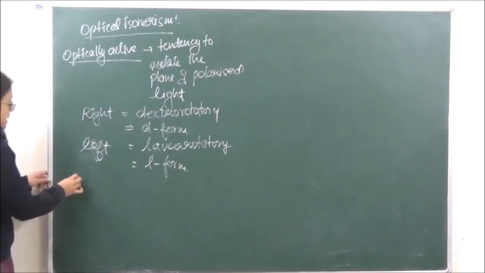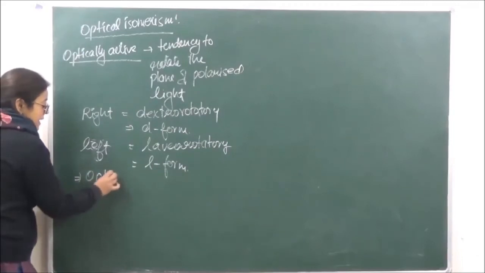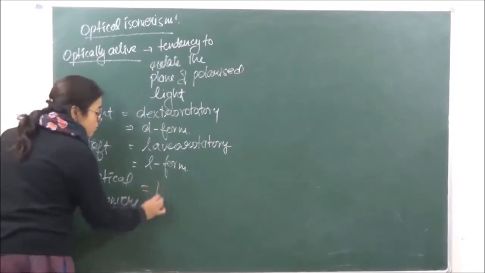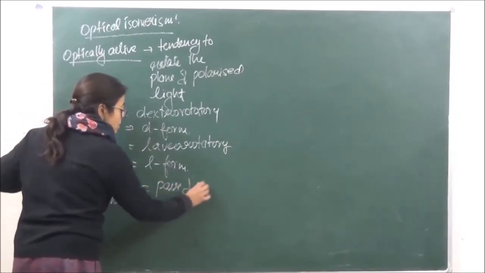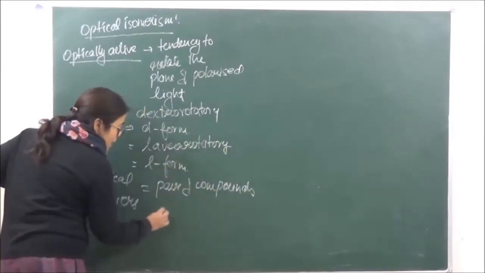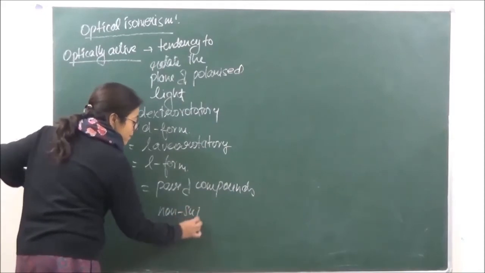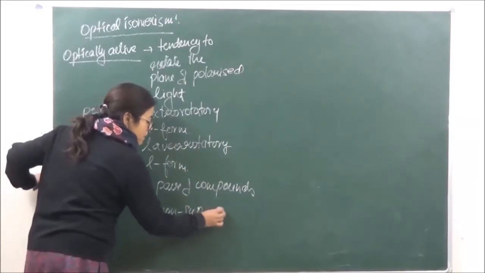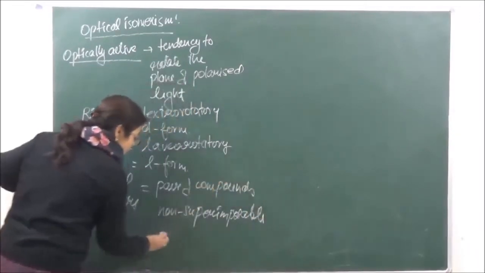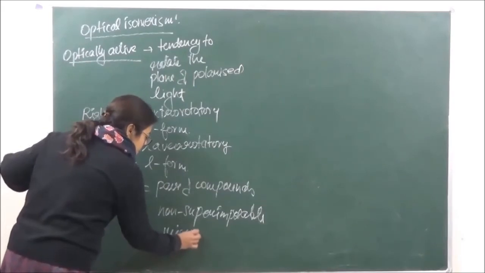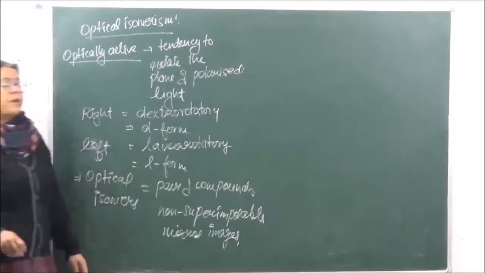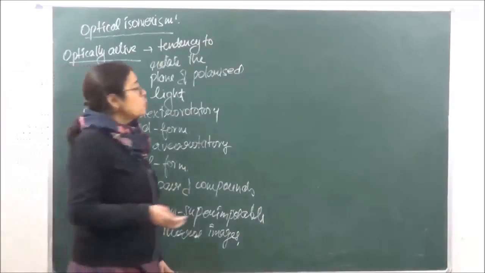We say that optical isomers are a pair of compounds which are non-superimposable mirror images of each other. So what is a non-superimposable mirror image?